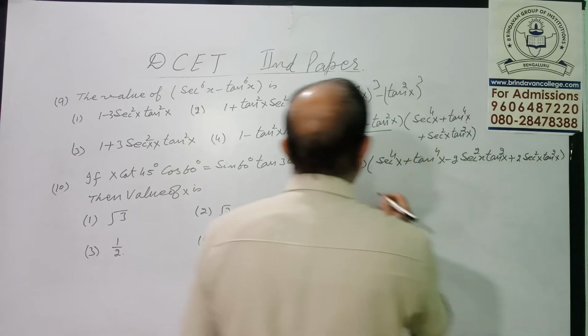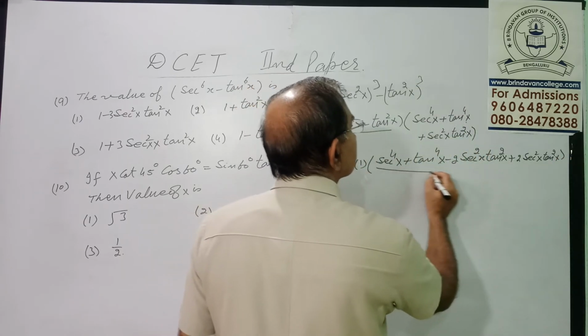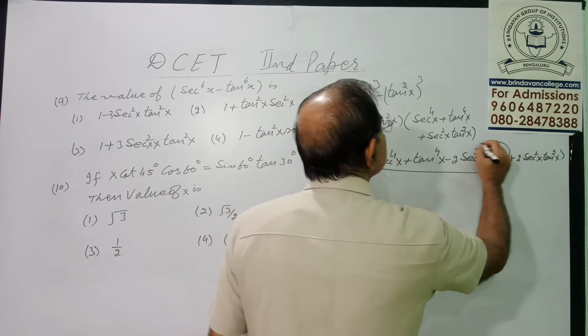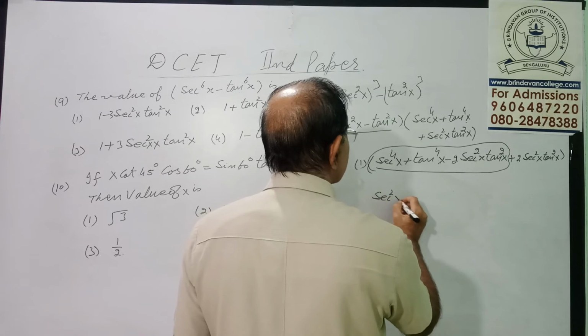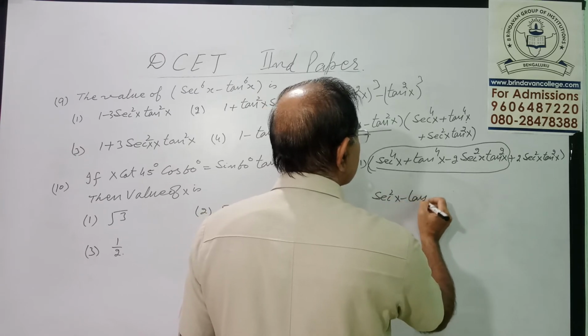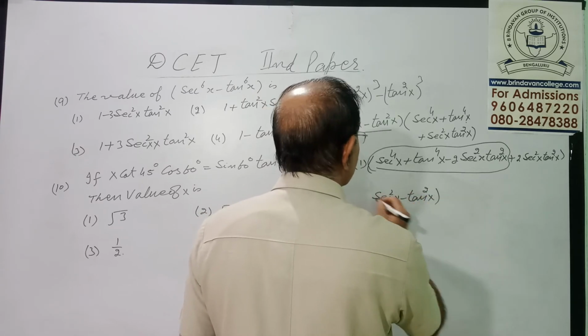Now which can be written as this part. This can be written as secant square x minus tan square x whole square.